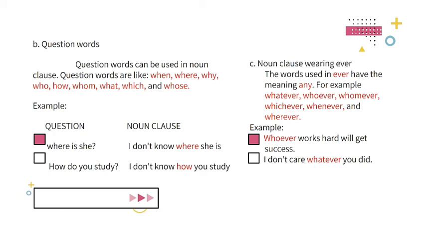I don't know how you study. Then noun clauses with the ending ever. The words ending in ever have the meaning any. For example, whatever, whoever, whomever, whichever, whenever, and wherever. For example, whoever works hard will get success. I don't care whatever you did.